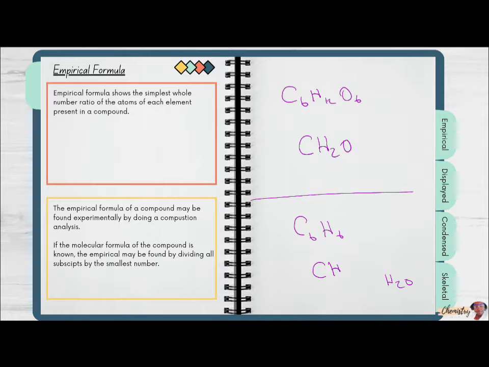Another example is carbon dioxide. Now, these are not organic compounds, but you will come across organic compounds that have the same empirical and molecular formula. Let me just give you one example: methane, which is CH4.